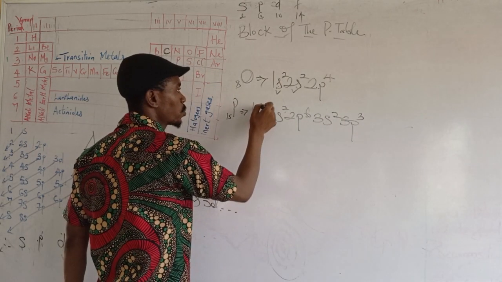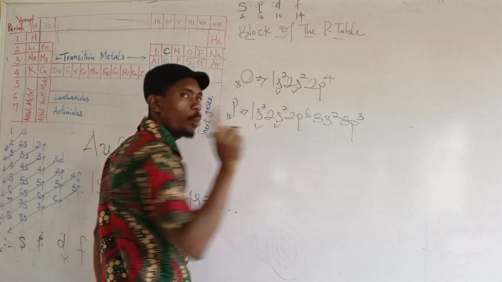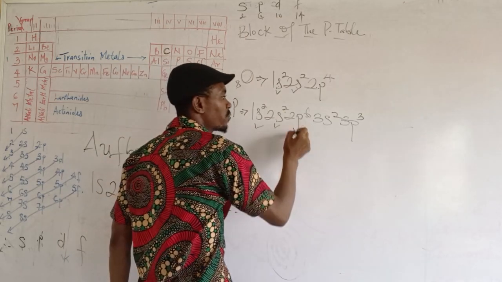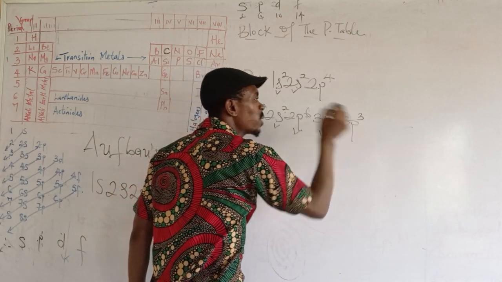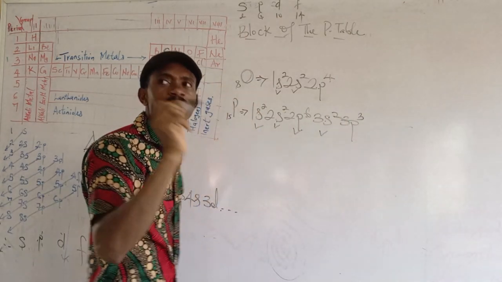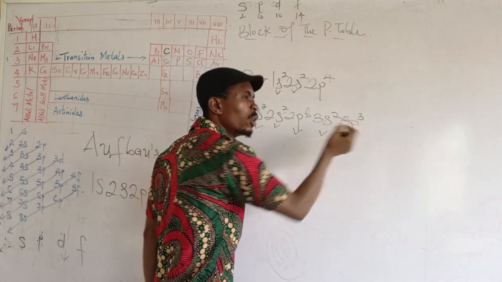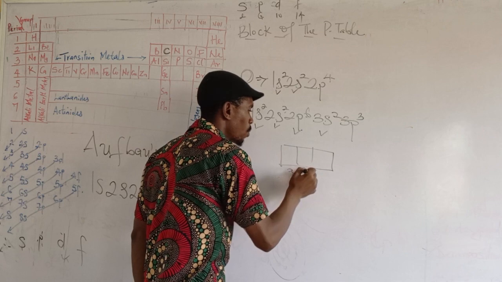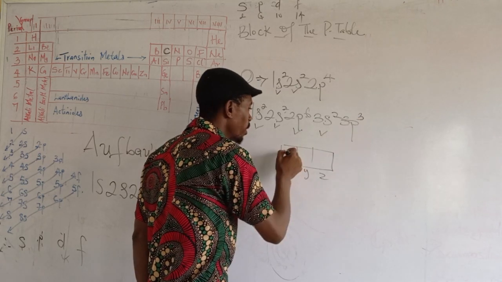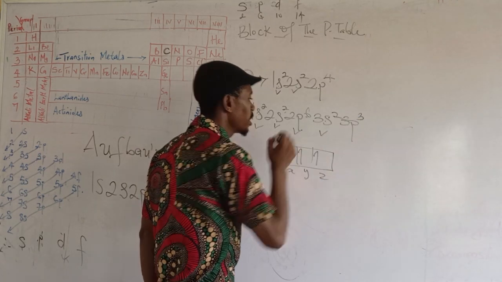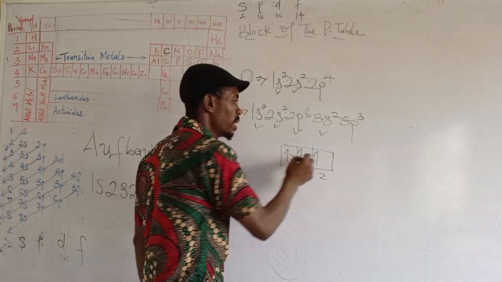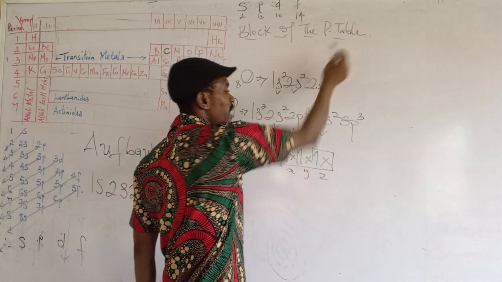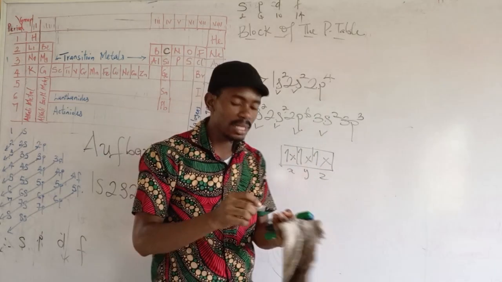So let's check. s is 2, balanced, because s can take a maximum of 2 electrons. p can take a maximum of 6, but here it is taking only 3. Which means if we draw that same structure, x, y, z, this 3 will go singly, singly, singly. This is not being paired, this is not being paired, this is not being paired. Hence, phosphorus has 3 unpaired electrons.